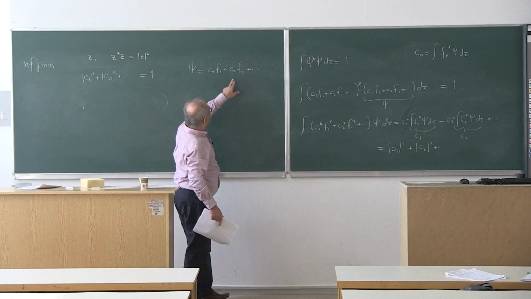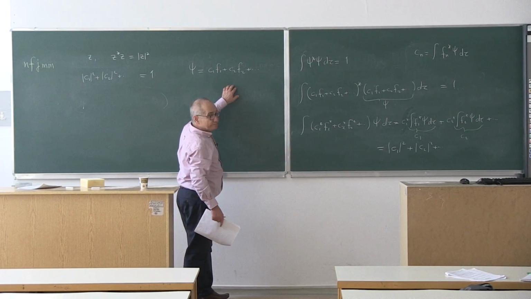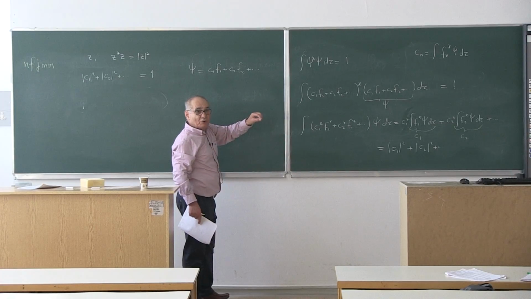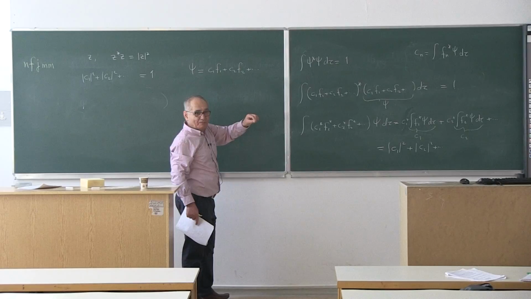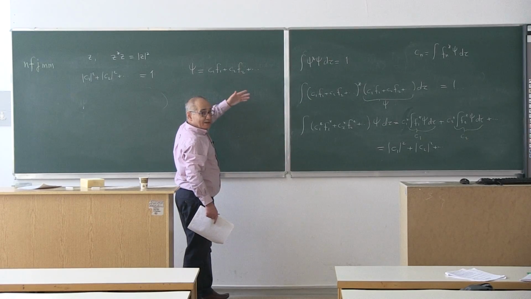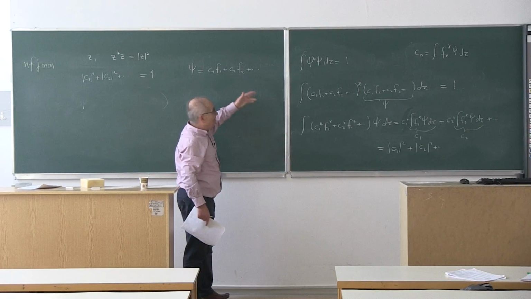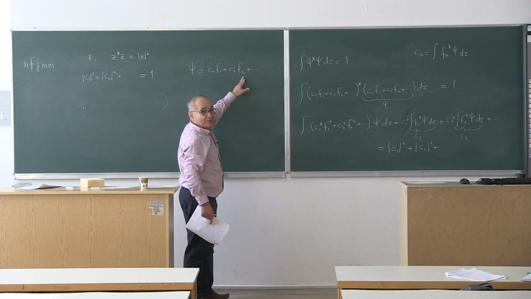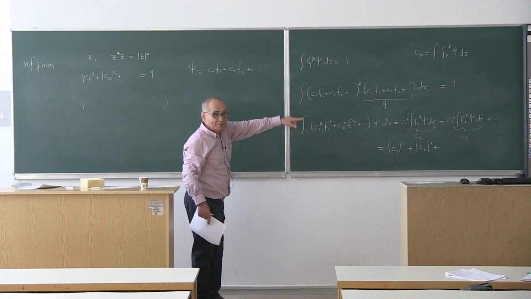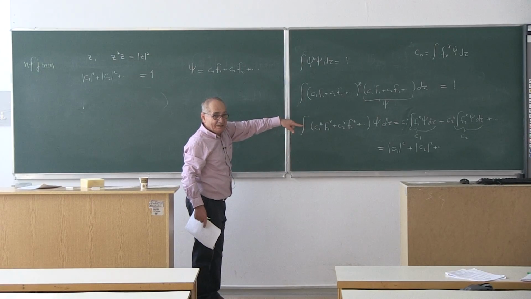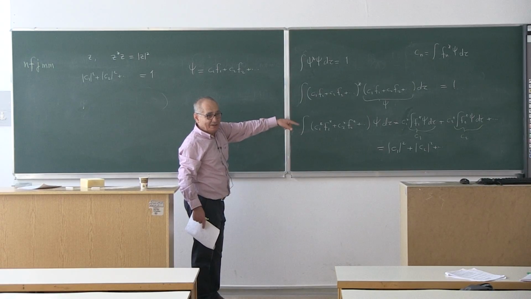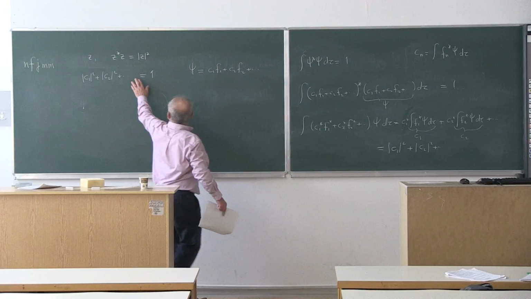For example, C2 absolute value squared is interpreted as the probability of finding the particle in the eigenfunction of A, which is F2. And you see, the sum of the probabilities, which means the sum of the squares of the coefficients, is equal to 1.